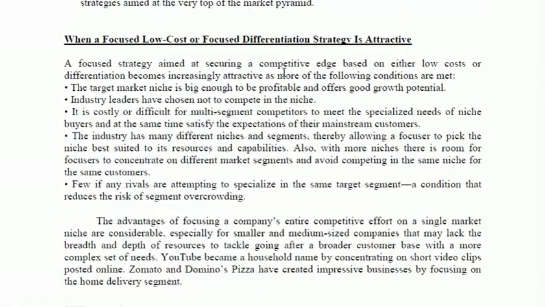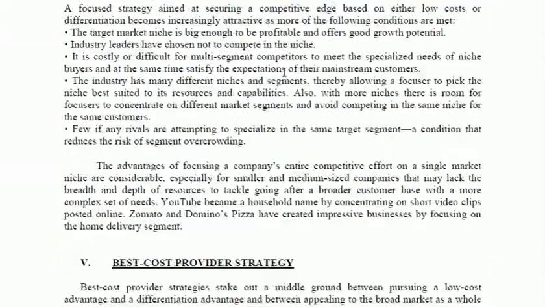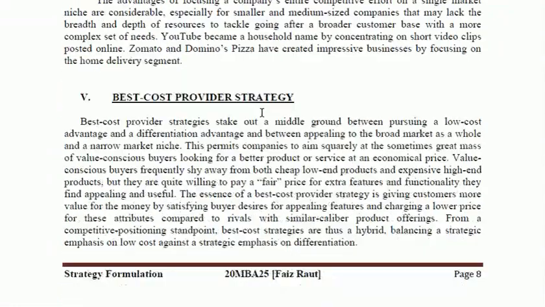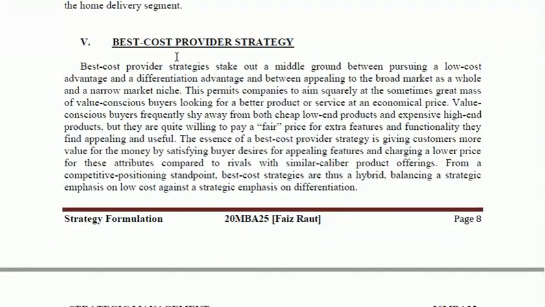And the last one, which you can go through, is when a focus low cost is attractive. The last one which we come to is the best cost strategy. Best cost provider strategy stakes out a middle ground between pursuing a low cost advantage and a differentiation advantage, and between appealing to the broader market as a whole and a narrow niche market.